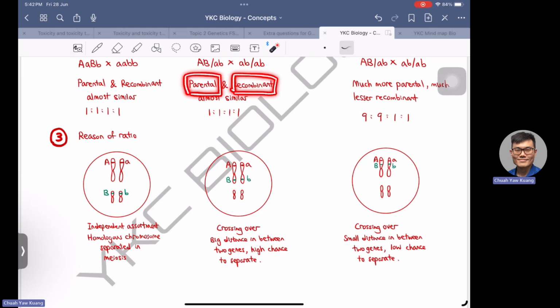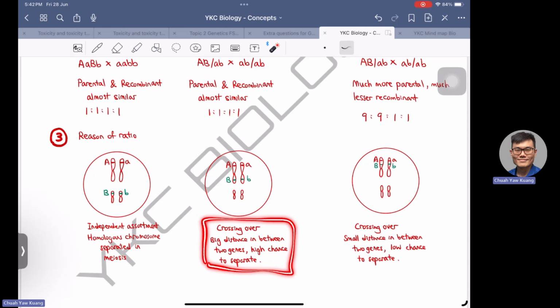And because the chance of producing both types of gamete is the same, the chance to produce the recombinant offspring is similar to the chance of producing the parental offspring. So that is the reason.